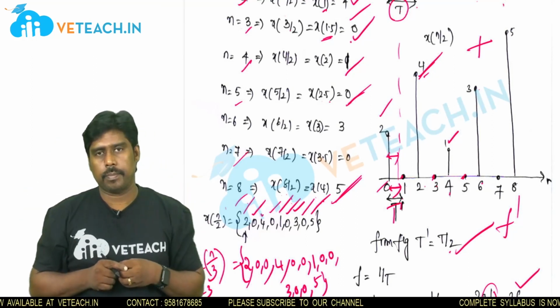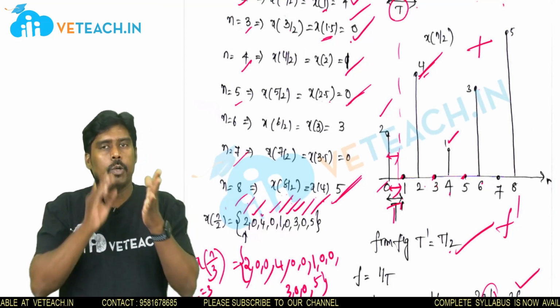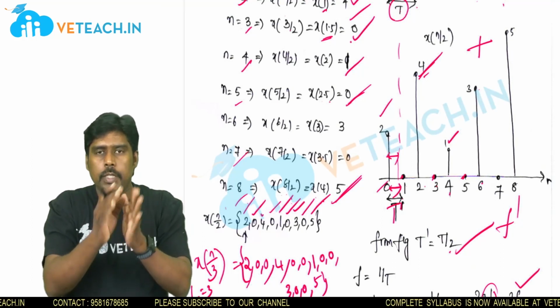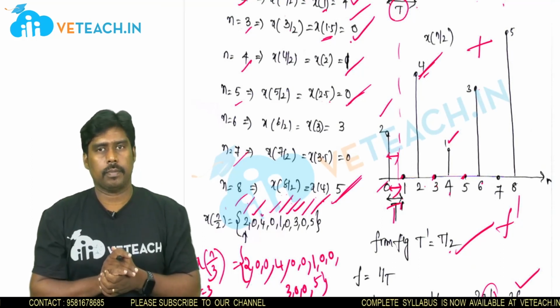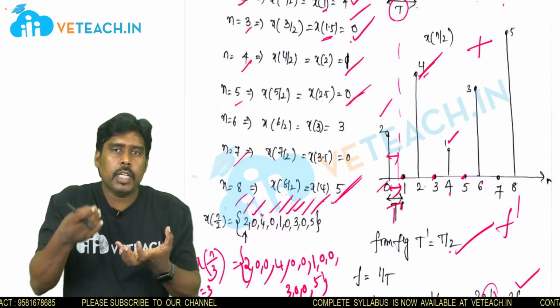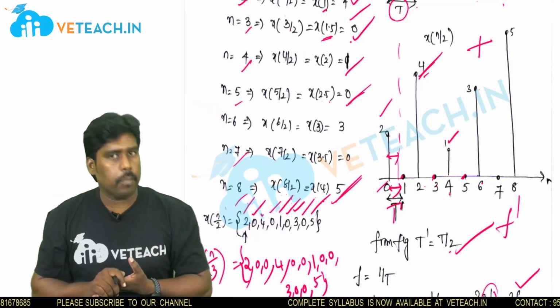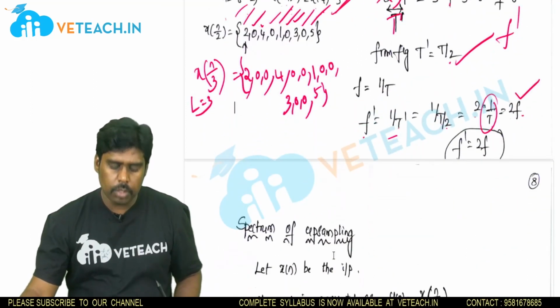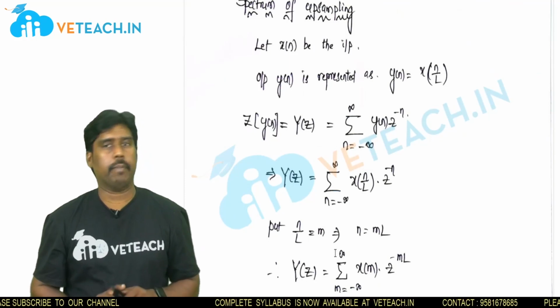In downsampling, you are neglecting M minus 1 samples between two successive samples, and here you are inserting L minus 1 zeros between two successive samples of the input. That is about upsampling. Now let us look into the frequency spectrum of upsampling.